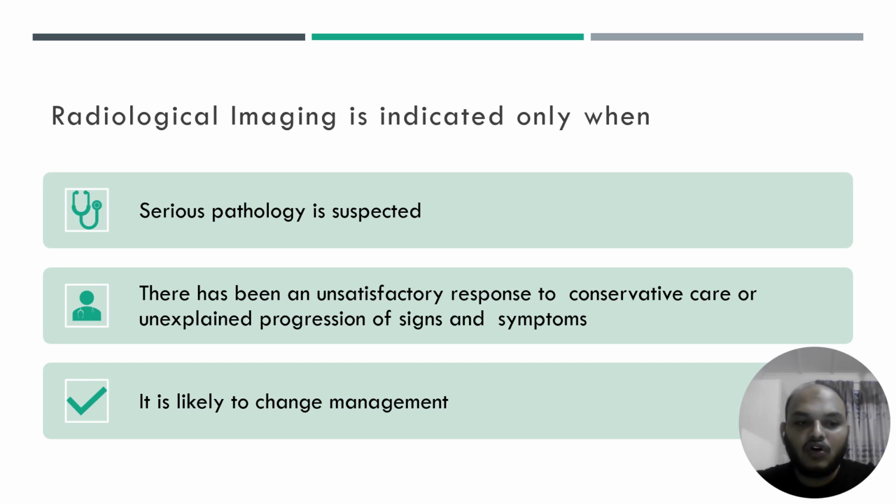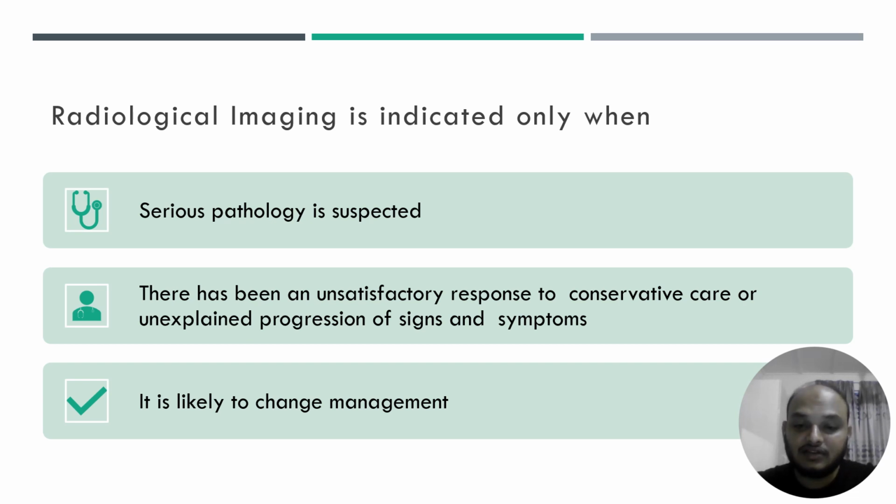Or we were seeing a patient who was improving completely, getting better. So for example, we are seeing a shoulder pain patient, and we were treating for 1 to 2 weeks. Everything was going smoothly, he was progressing, and pain was improving. But now all of a sudden he came to the clinic and he says everything has gone bad.